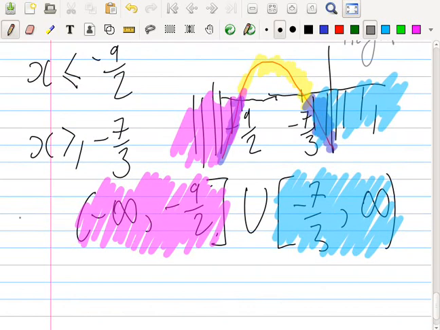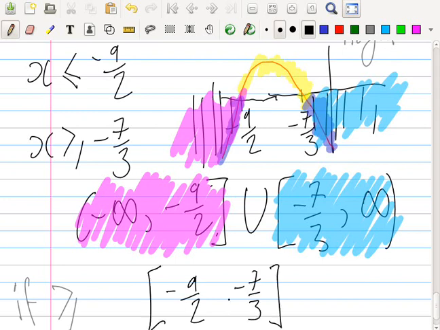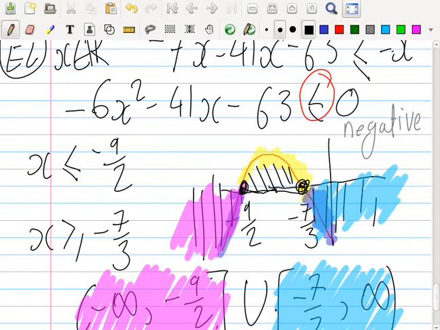Just so you know, guys, if it was greater than or equal to 0, what would the answer be? -9/2 to -7/3, close, close. If it was positive, you would want this piece, which would be here to here. If it was positive, but it's not. It's negative, so it's this one here.